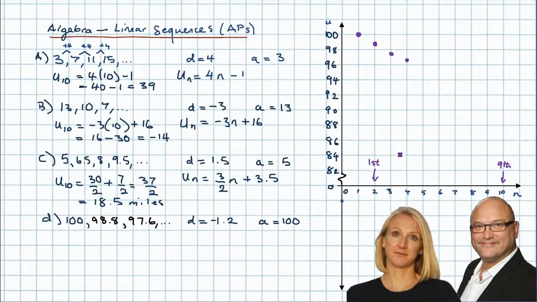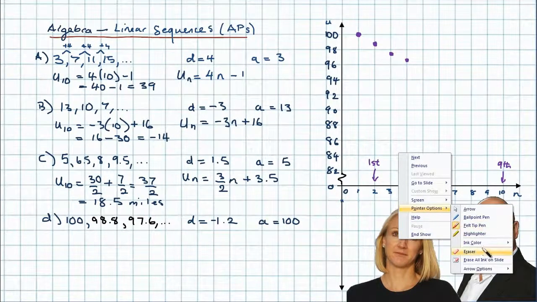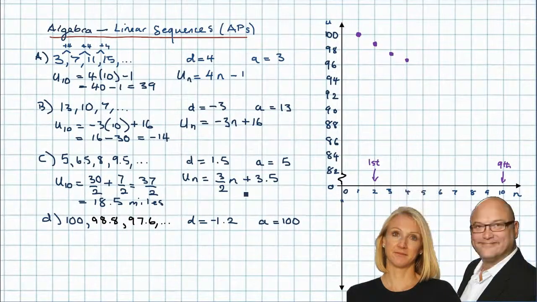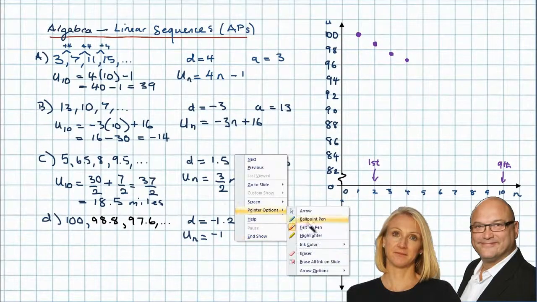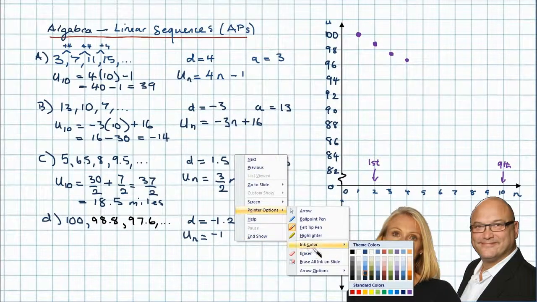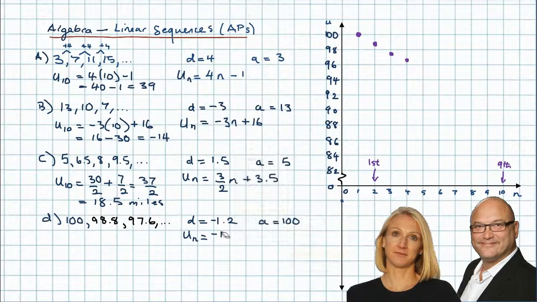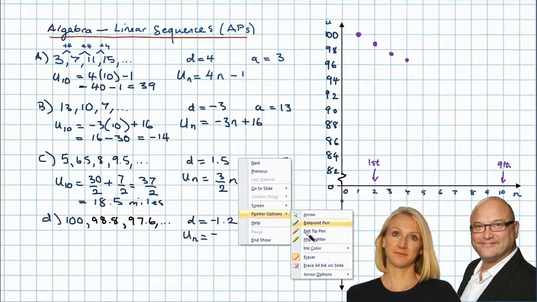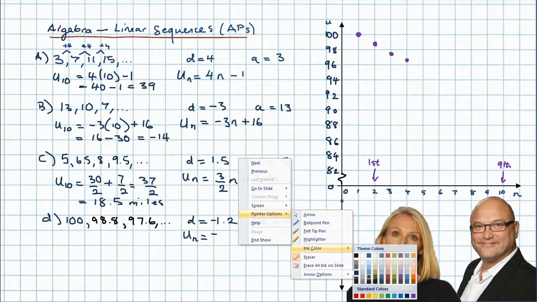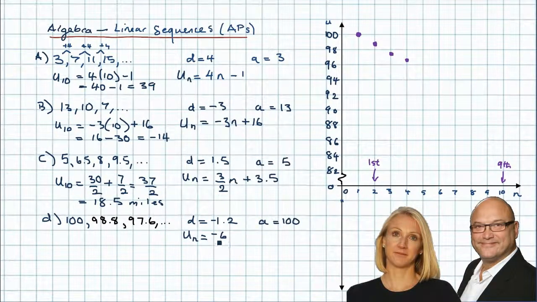Okay, let's now go for our nth term, our nth rule. So u sub n equals minus 1.2, let's say minus 6/5, because that's a bit more conventional. Doesn't matter if you write 1.2 n, but 6/5 seems a bit neater, so 6/5 n.